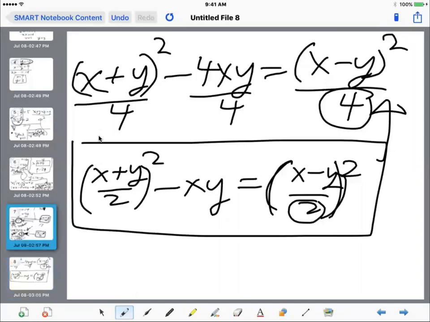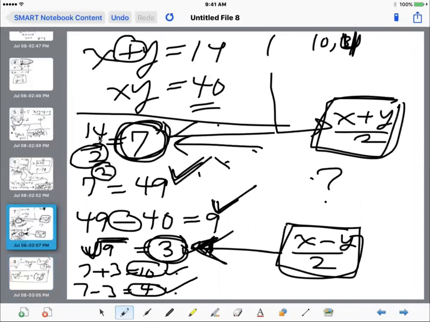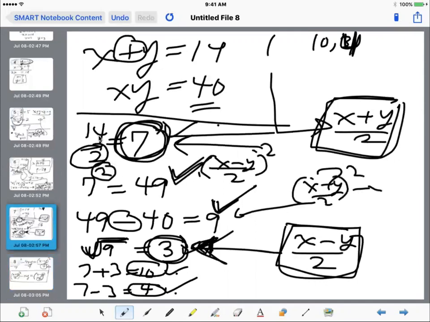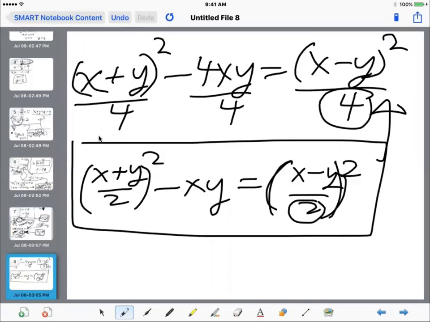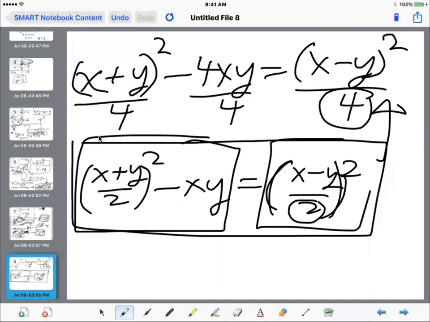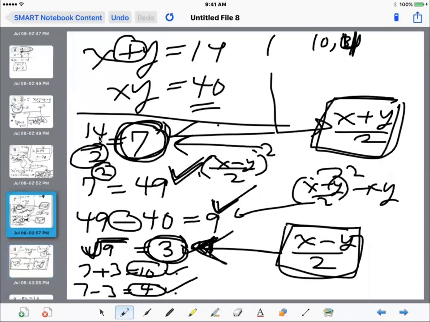You see, this 9 is x plus y over 2 squared minus xy, which is exactly the same thing as x minus y over 2 squared. That's what the 9 is.